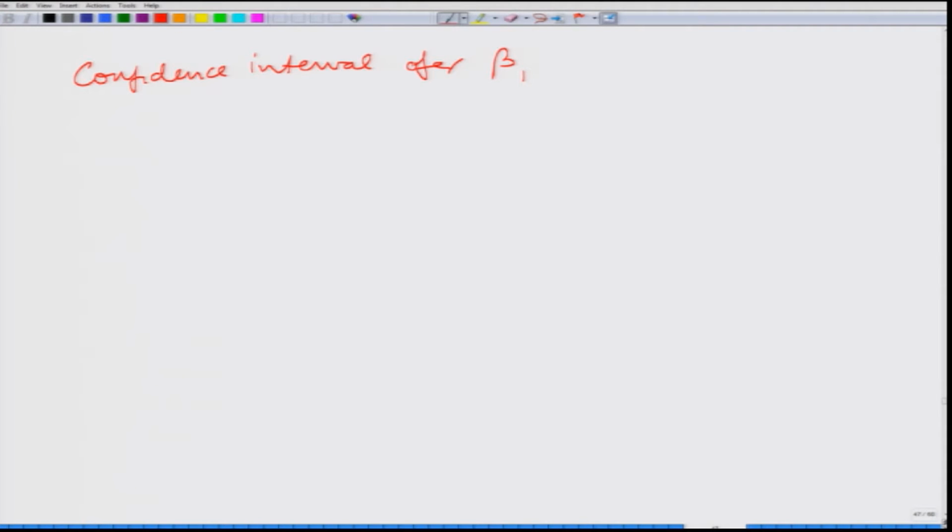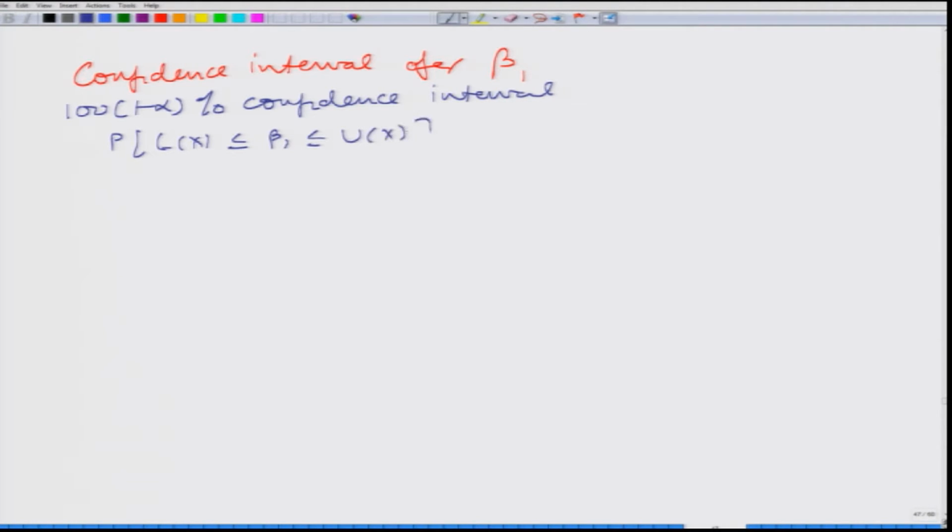In the case of confidence interval estimation, the 100 (1 minus alpha) percent confidence interval for beta 1 is found in such a way that the probability that Lx is less than or equal to beta 1, which is less than or equal to Ux, is equal to 1 minus alpha.